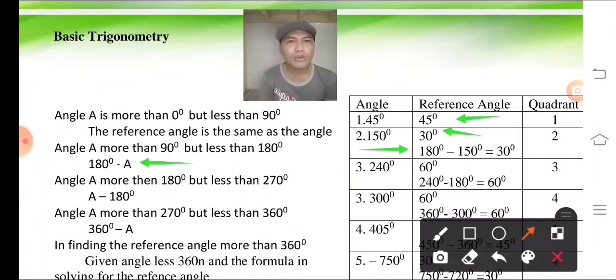Now if angle A is more than 180 degrees but less than 270 degrees, we can make use of this one: the given angle minus 180 degrees. Let's say if we have 240 degrees minus 180 degrees, the result is 60 degrees.